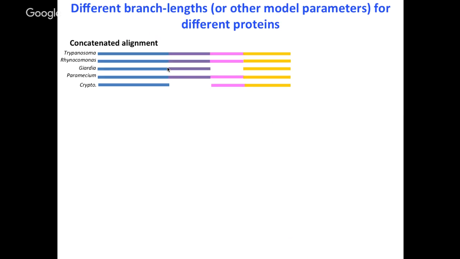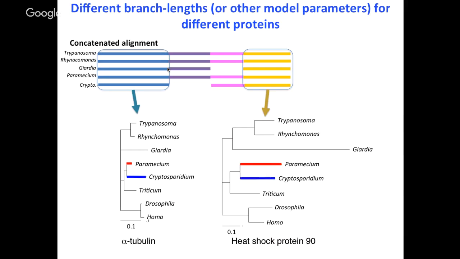I can demonstrate this simply if we take a little cartoon of a concatenated alignment. I've extracted from the concatenated alignment two real genes, an alpha-tubulin gene and a heat shock protein 90, and these are eukaryotic microbe sequences and phylogenies inferred from each of those sets of organisms.